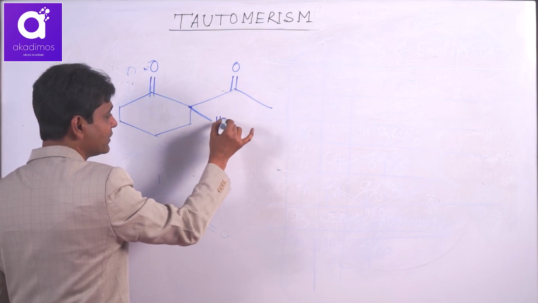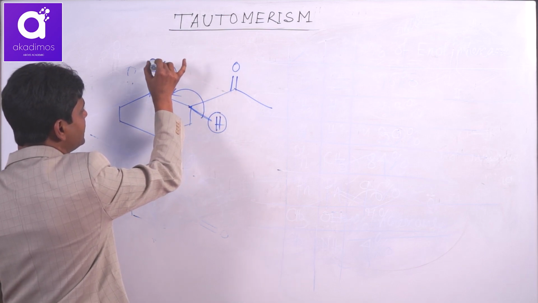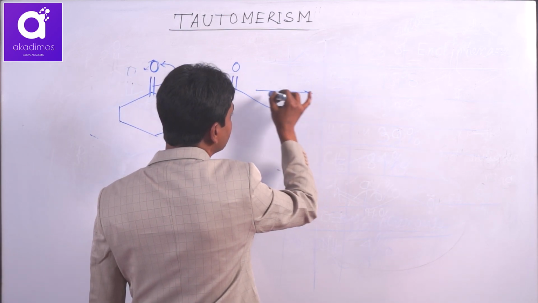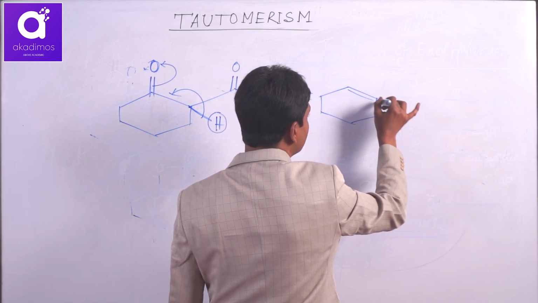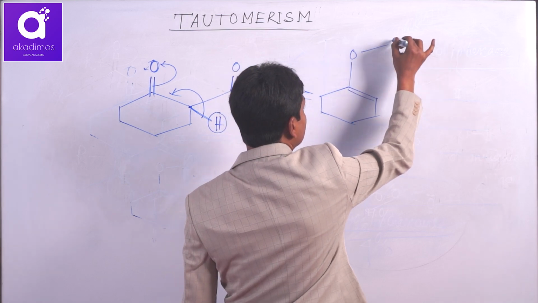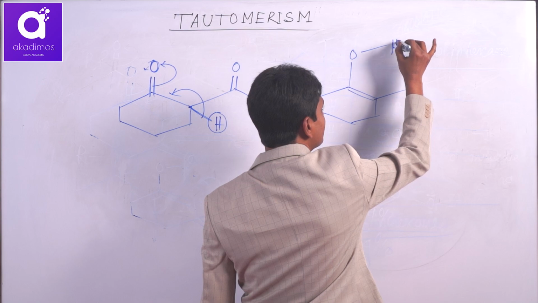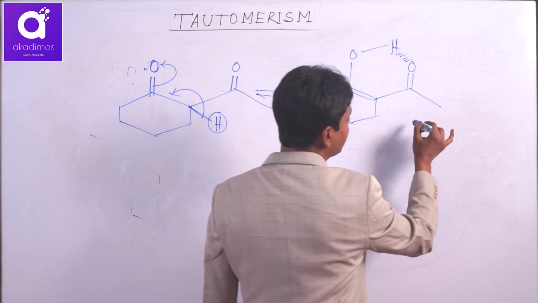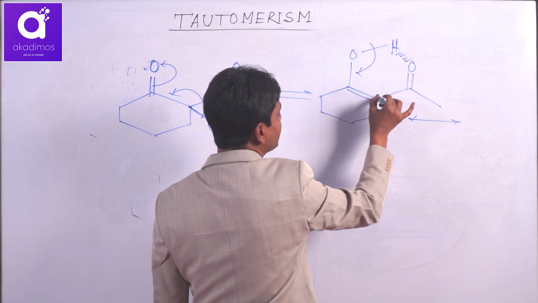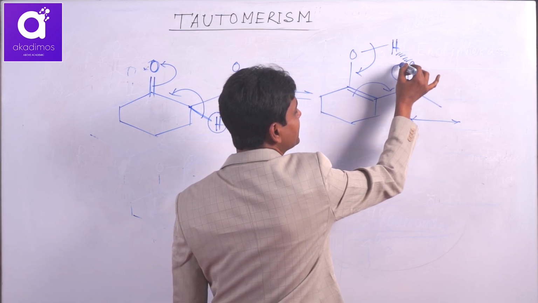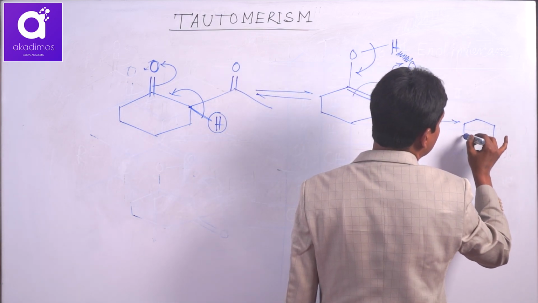Make a pi bond or participate with any one of the keto groups among these two, and you will get a similar structure as before. See this hydrogen bond, and it will go to another canonical form due to extensive conjugation. Here also you will get it, and you can draw it.